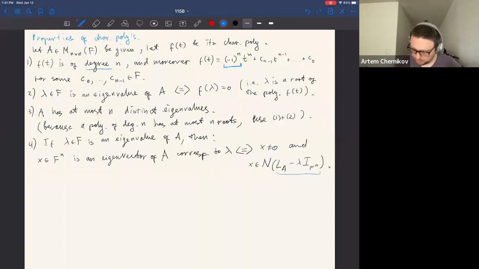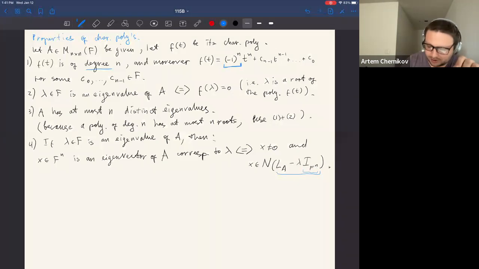Okay, so again, let's check. This is indeed a linear operator. Remember, given matrix A, L_A corresponds to multiplying by the matrix A. This is the identity transformation on F^n, and we multiply by lambda. There is nothing deep here.